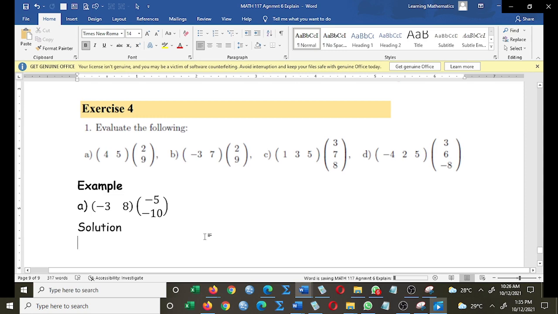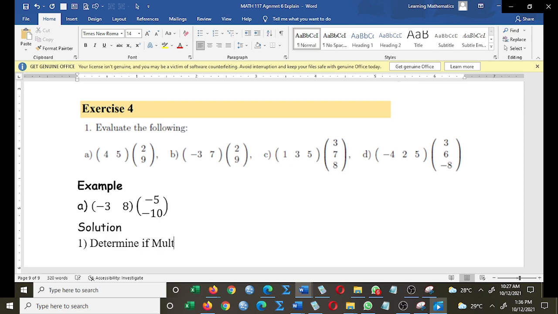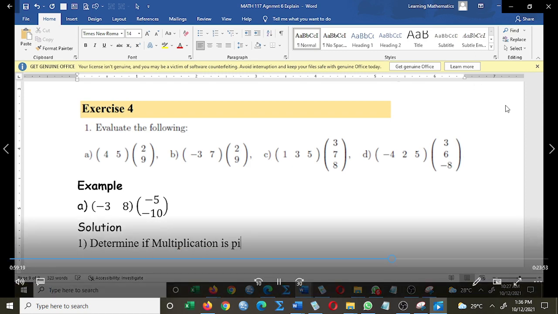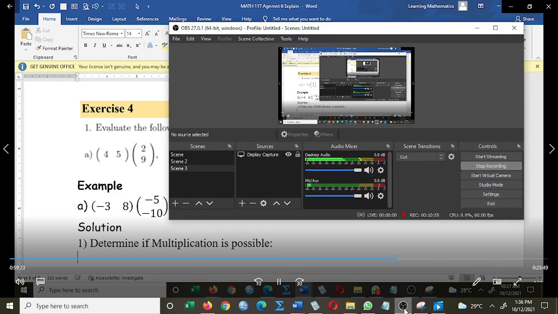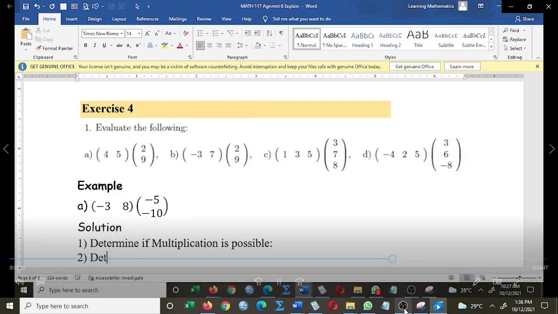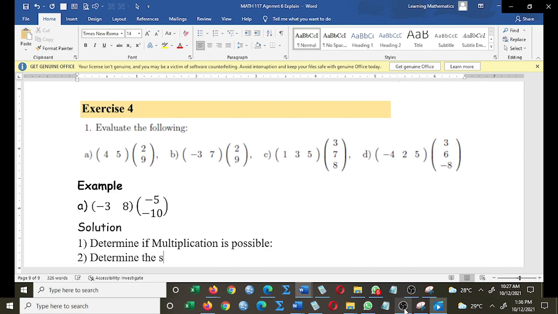First, determine if multiplication is possible. And second, determine the size of the product.